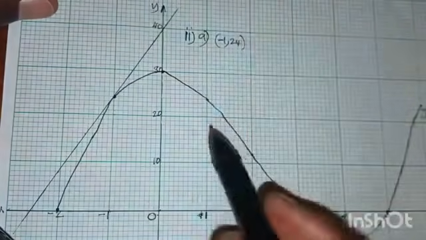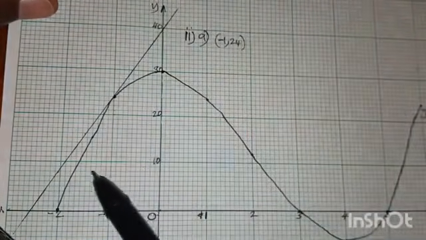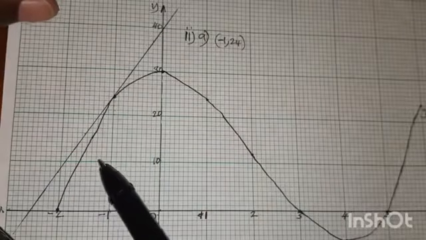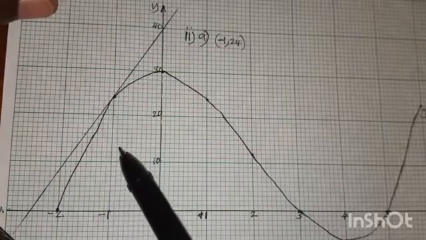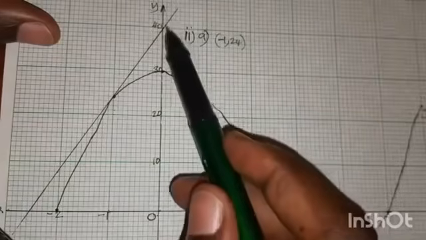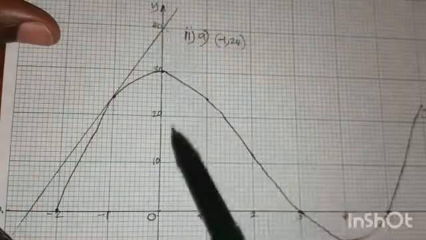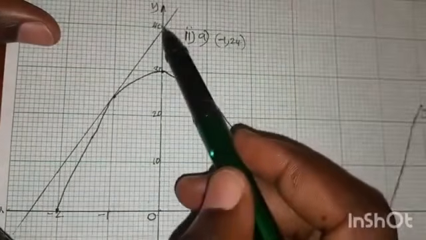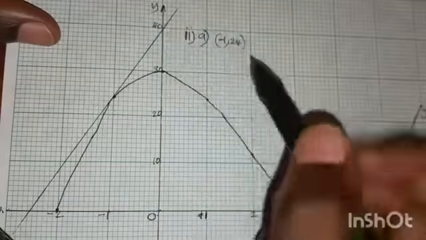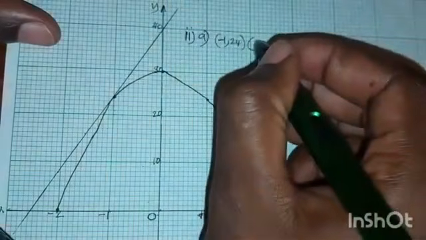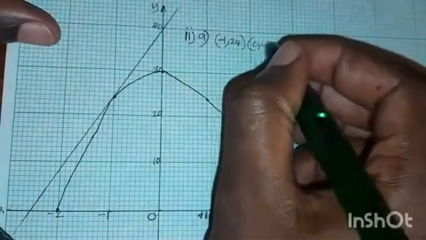Then the next point that we're going to get, I encourage you to collect the points that are obvious on the graph. So like this point here, because it's easy to say 0, 40. So pick this point as well, 0, 40.